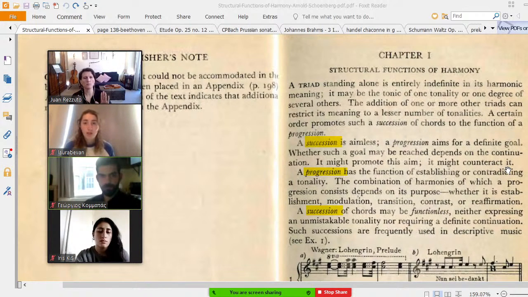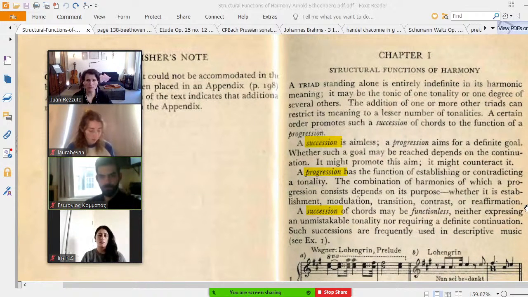let's keep on reading before we have more examples. "A progression has the function of establishing or contradicting a tonality. The combination of harmonies of which a progression consists depends on its purpose, whether it is establishment, modulation, transition, contrast, or reaffirmation."